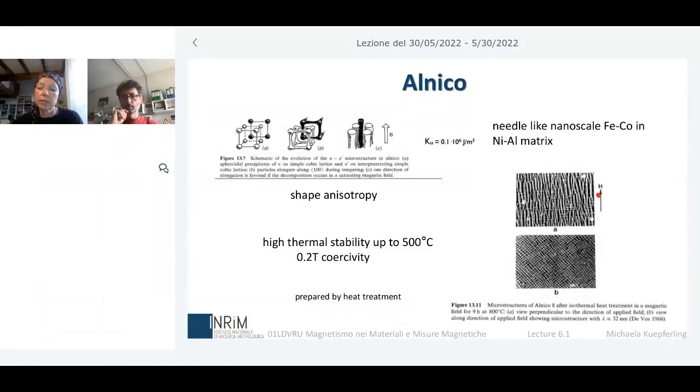You can see here along the field direction, where we apply the field during the heat treatment, you will have these needles aligned in this direction. This gives you a very strong shape anisotropy in the annealing direction. And this is the perpendicular direction. As I told you already, the main advantage of this kind of material is that we have a very high thermal stability, but coercivity is relatively modest at 0.2 Tesla.